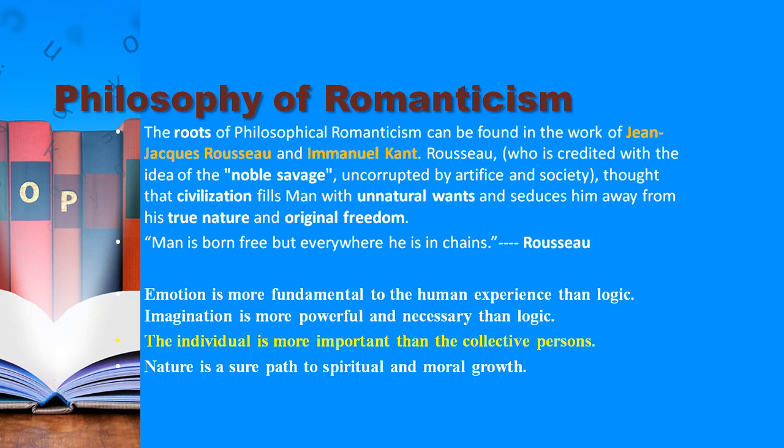Man is born free, but everywhere he is in chains, Rousseau said. Emotion is more fundamental to the human experience than logic. Imagination is more powerful and necessary than logic.